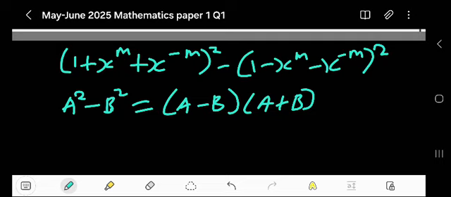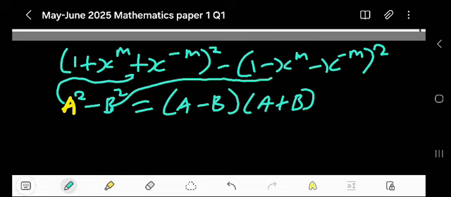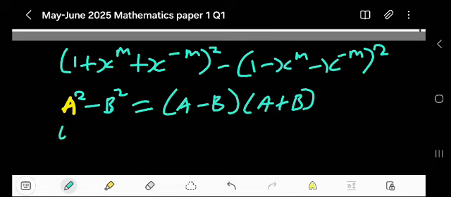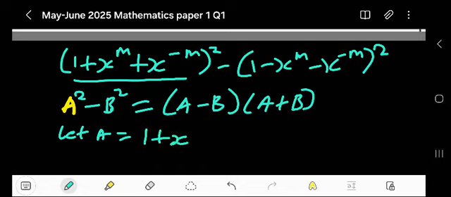To make my life easier, I can make a equal to these guys and make b equal to that. It's like a substitution method. I can let a be equal to the one inside that bracket, 1 plus x raised to the power of m, plus x raised to the power of minus m.